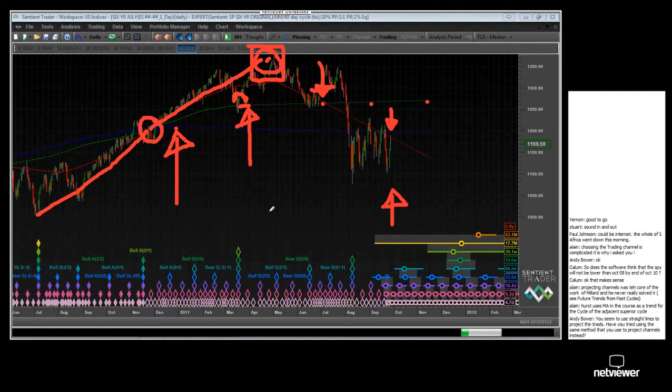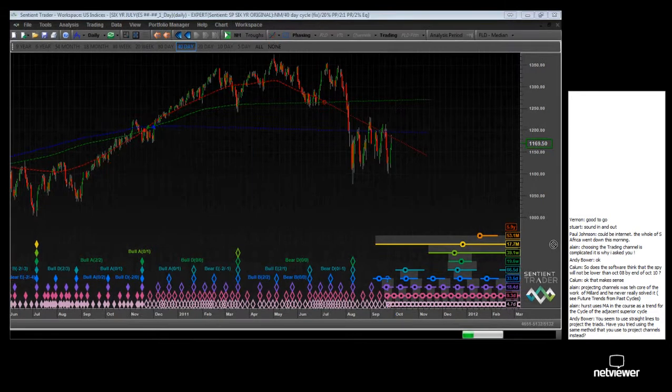That straight line is initially not very accurate, but it's a safe line, and I'll tell you why. Because before this green channel turns down, the line that it projects is shooting up.